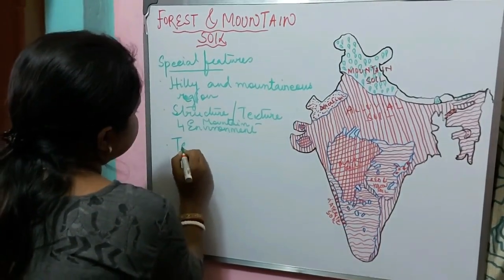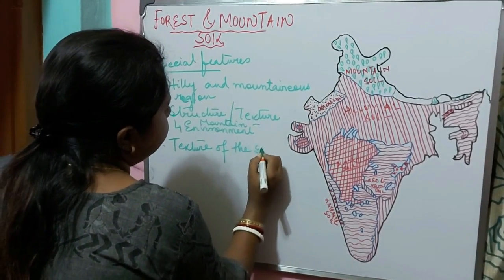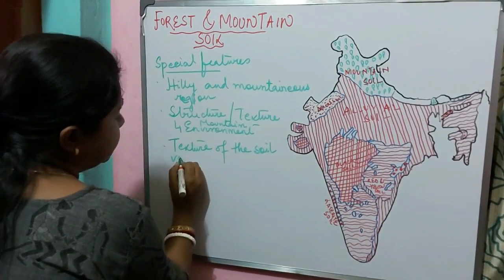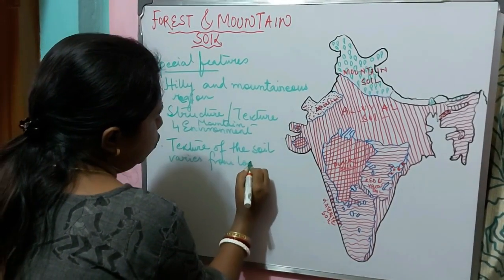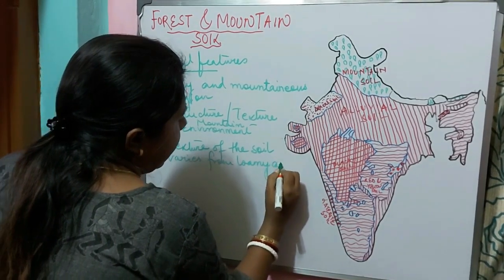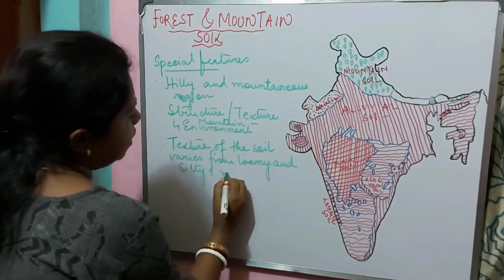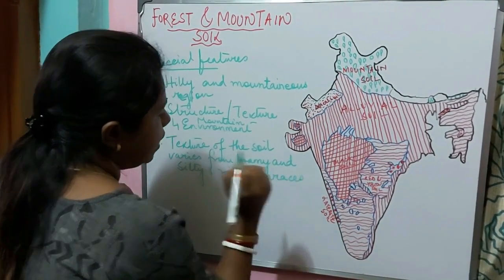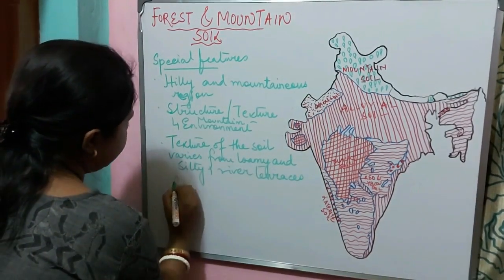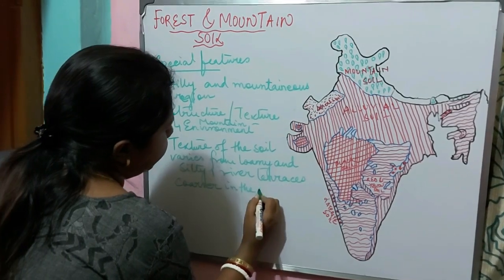The texture of the soil varies from loamy and silty. Where are they loamy and silty? In the river terraces. And they are coarser in the upper slopes.